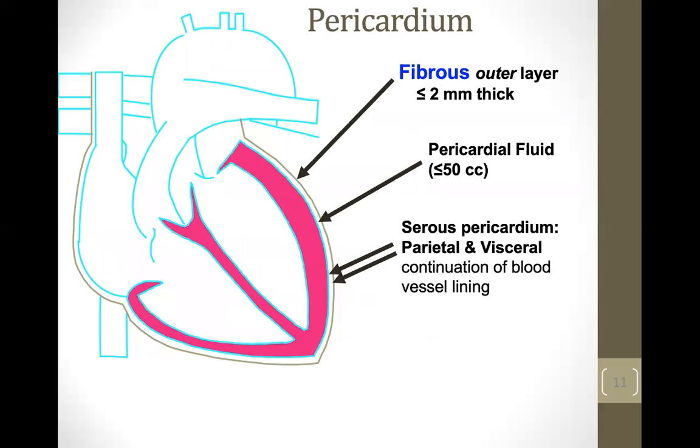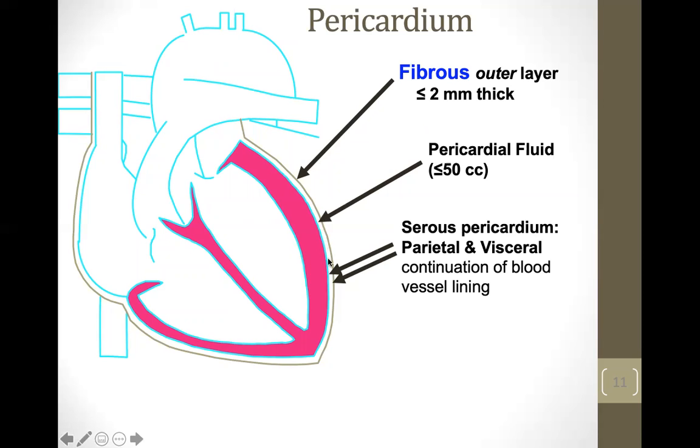Here's just another picture that we can look at, the fibrous outer covering of the heart, the fibrous pericardium, in this, I don't know if it's a green or a gray color as it's coming down, and it actually covers all the way up heading in towards the aorta.